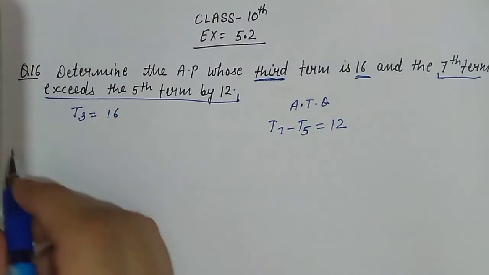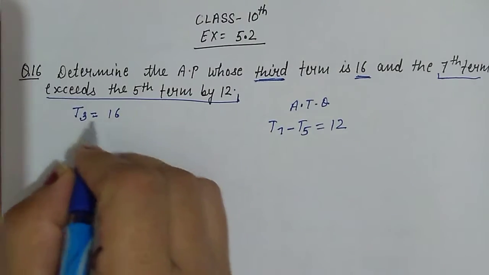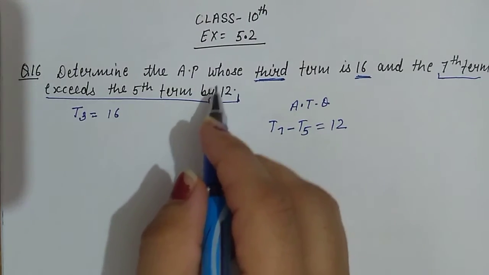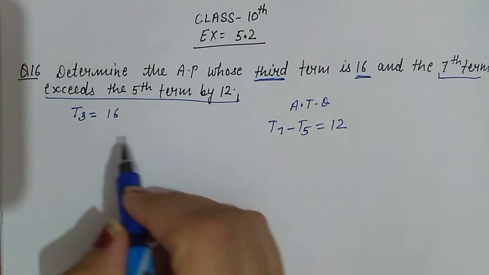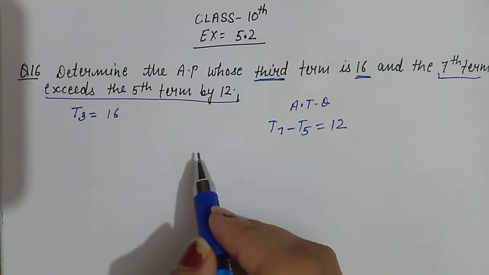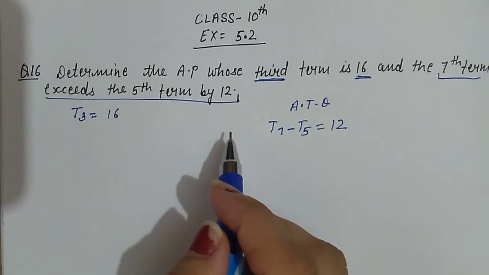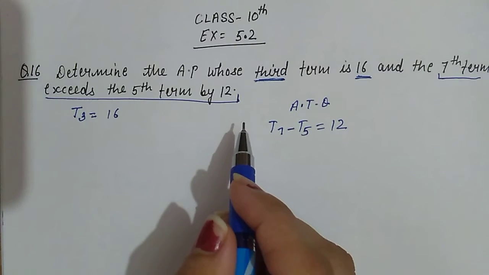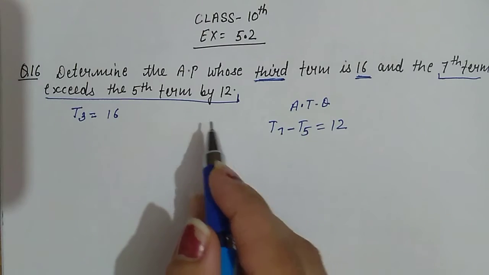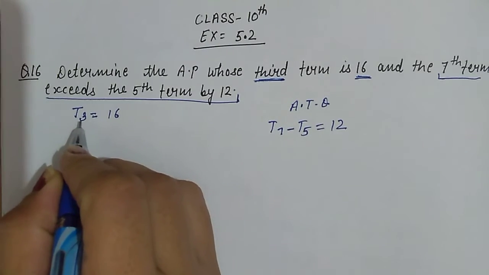We have to find an AP. We don't know the common difference in this question, so we have to find A and D. Now how can we write this?